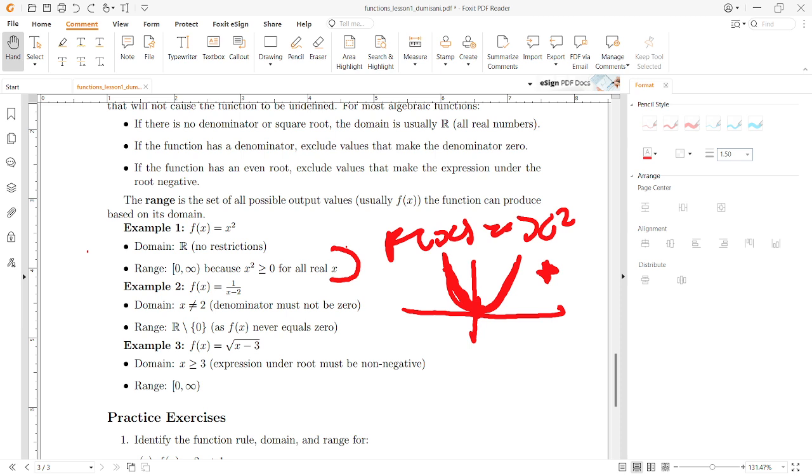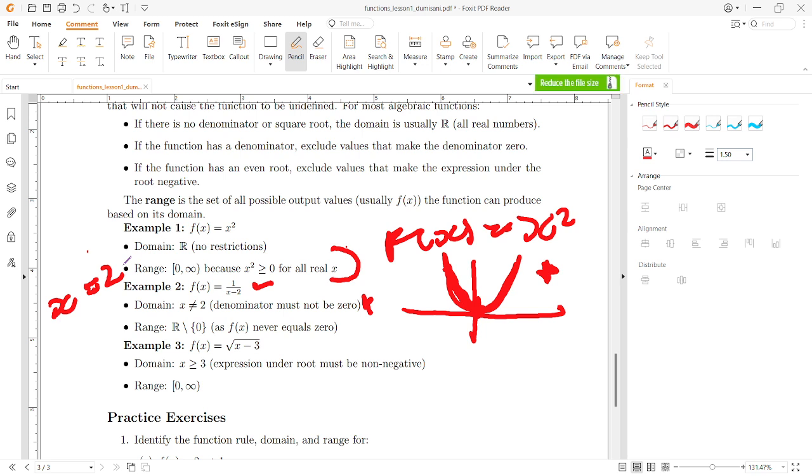If we have f of x equal to 1 over x minus 2, the domain is defined for all values except x equal to 2. So it is not defined for x equal to 2 because it gives us division by 0.